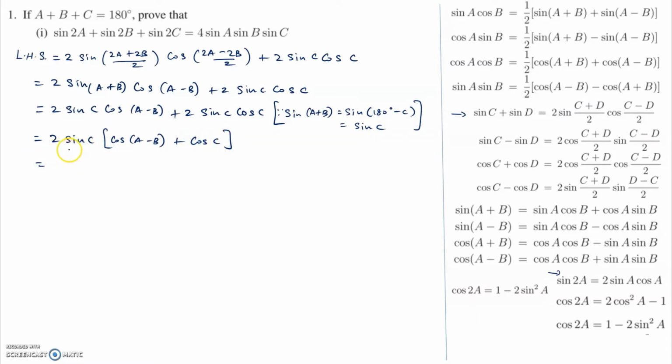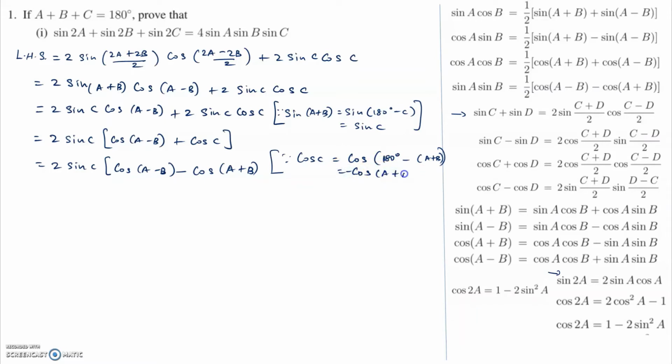Again, we can replace cos c to be minus cos (a plus b). So 2 sine c into cos (a minus b) minus cos (a plus b), since cos c is equal to cos (180 degrees minus (a plus b)), which is equal to minus cos (a plus b).